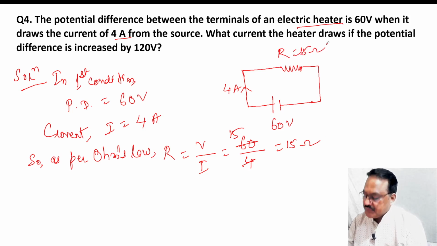Now in the second condition, this voltage is increased to 120 volt. Means 60 volt becomes 120 volt. We can draw the second diagram also like this for better understanding.